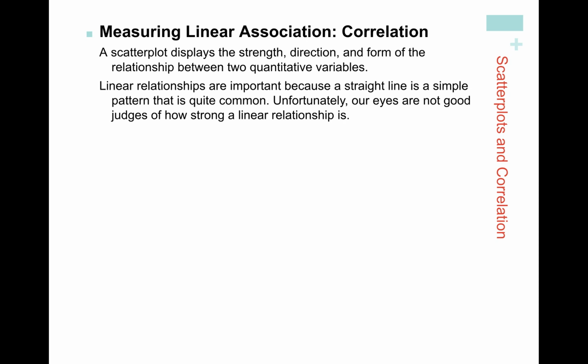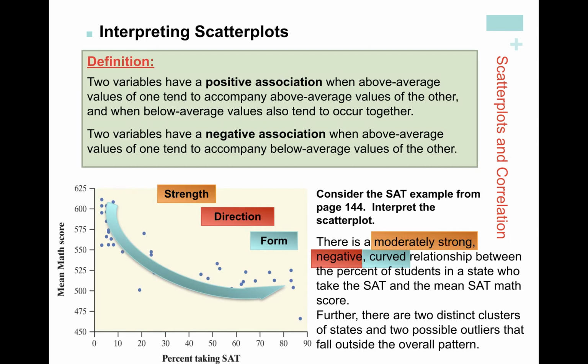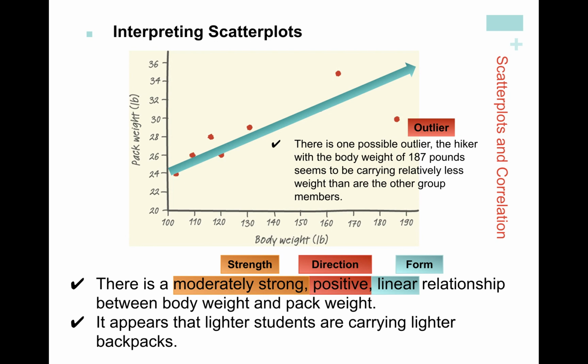So a scatter plot displays the strength, direction, and form of the relationship between two quantitative variables. Linear relationships are important because a straight line is a simple pattern that is quite common. Unfortunately, our eyes are not good judges of how strong a linear relationship is. So far, our eyes are picking up that there's definitely some kind of linear relationship, but how strong is it?